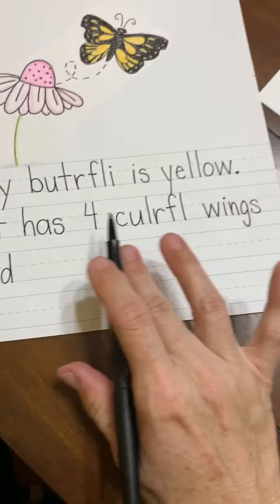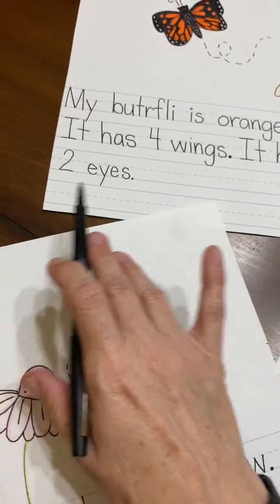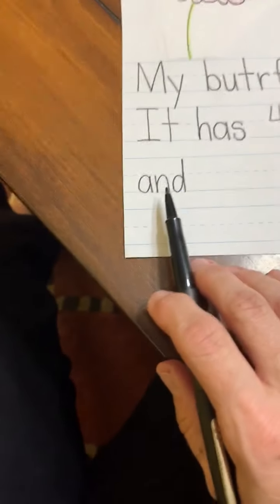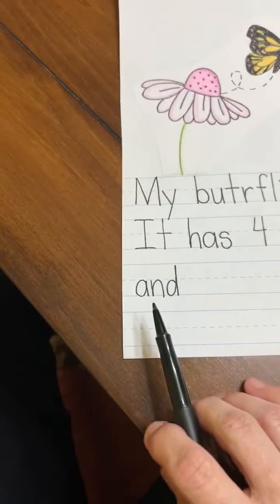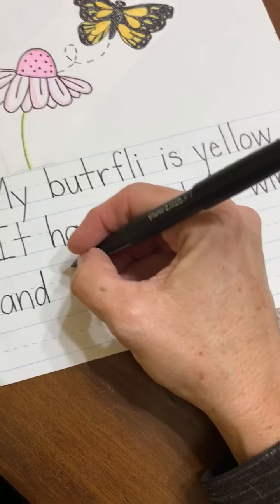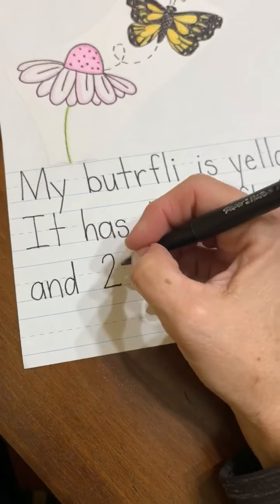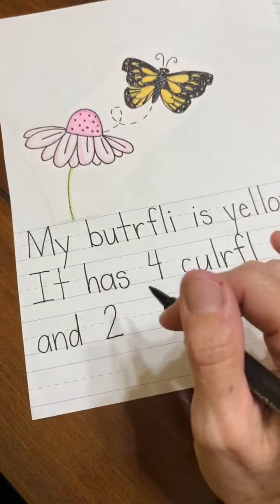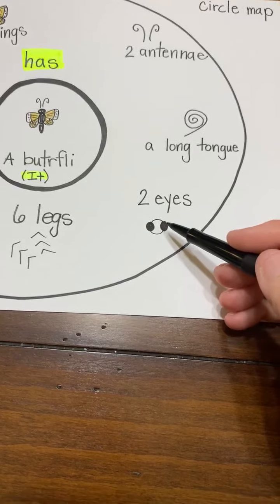Okay, it has 4 colorful wings, and our next sentence was, it has 2 eyes. So, and, because we already know it has, and 2. So let's write the number 2. I know you guys could probably spell the word 2 though. And in the mystery science we learned yesterday, we know that their eyes are not tiny, they're big.